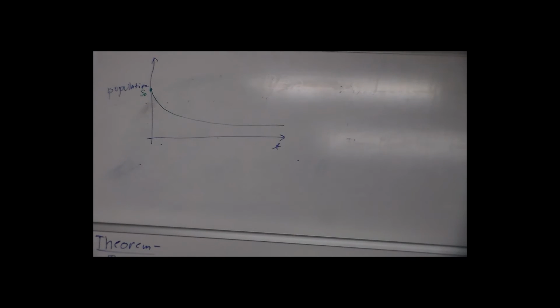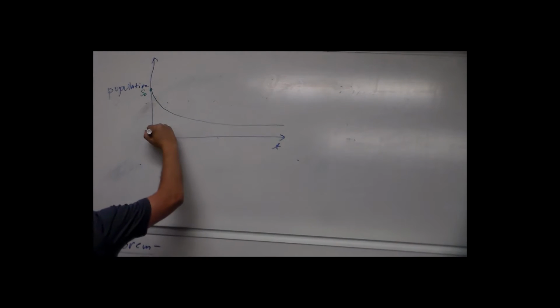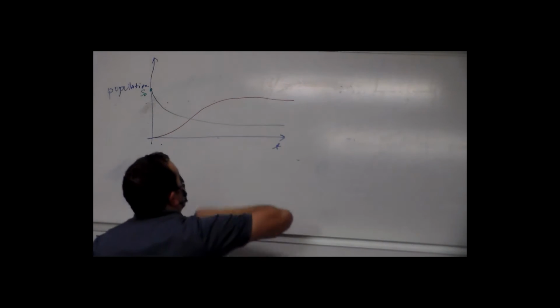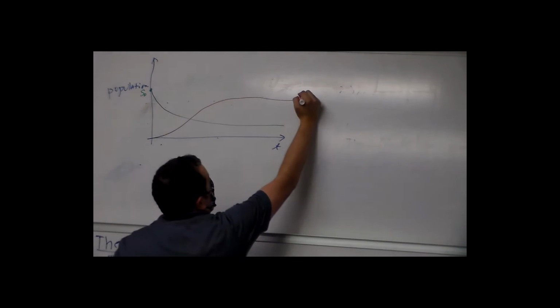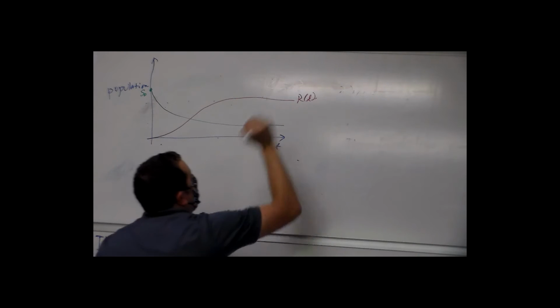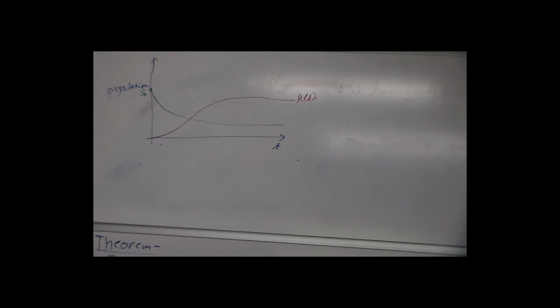What does the R of t have to look like? It has to be positive and bounded above by the total population. And it doesn't have to reach the total population, it just has to start increasing and then flatten out. So this is what the R of t looks like. What do you think the infected should look like?